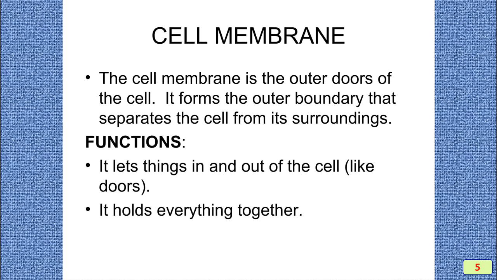Then the cell membrane is the outermost cover of a cell, and it protects the cell from the external environment. It forms the boundary that separates the cell from its surroundings. It lets things in and out of the cell like a door, and it holds everything together.